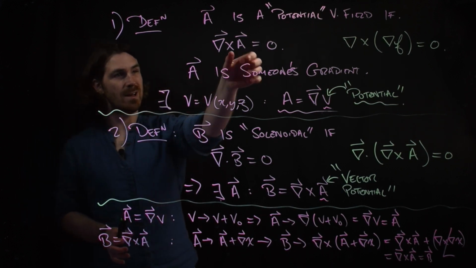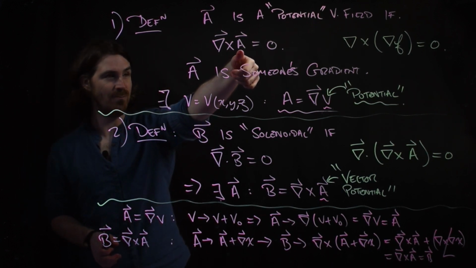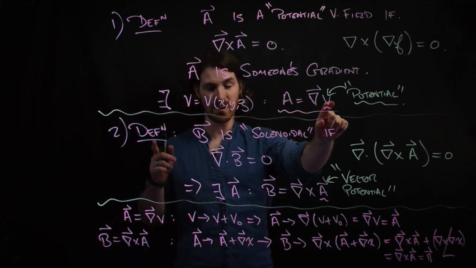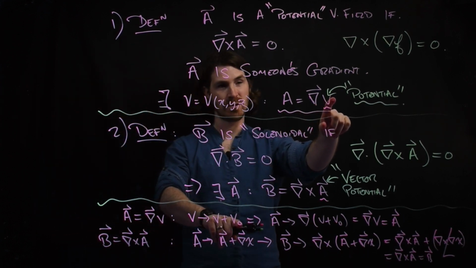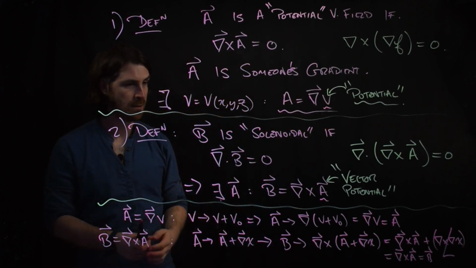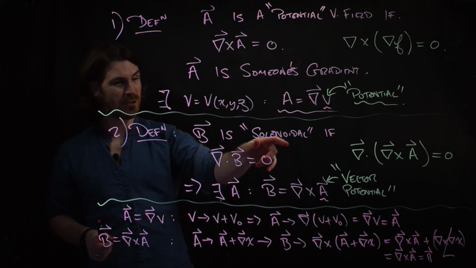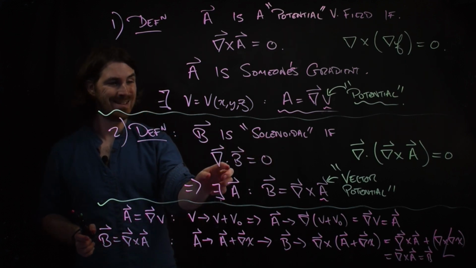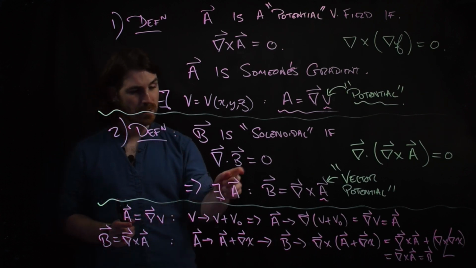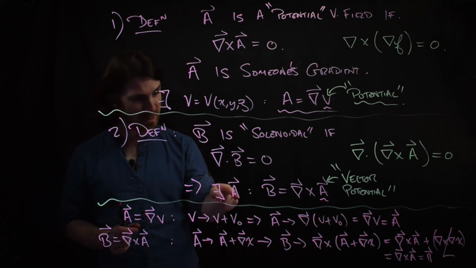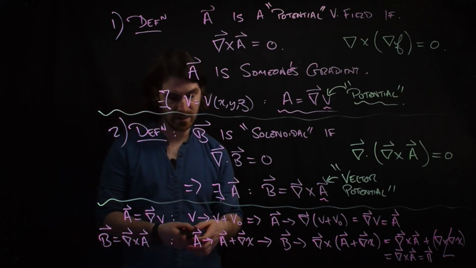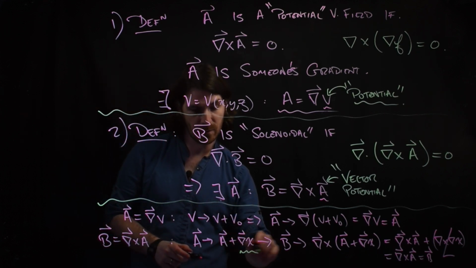So if there's a potential field, then there is a potential, but this potential is not unique. We can add constants and we still get the same A when we take the gradient. If the field is solenoidal, i.e. the divergence of the field is 0, then there exists a vector potential A, but again it's not unique because we can add the gradient of a scalar.